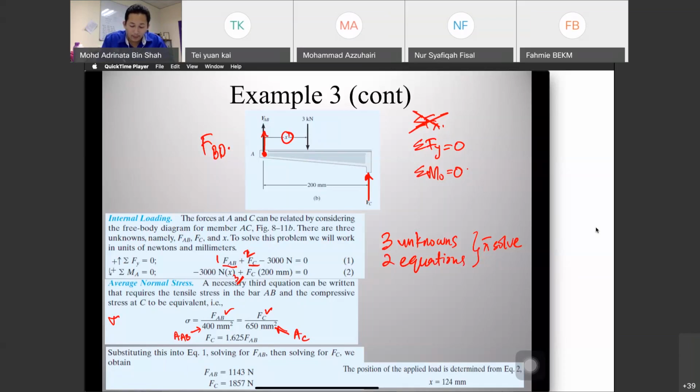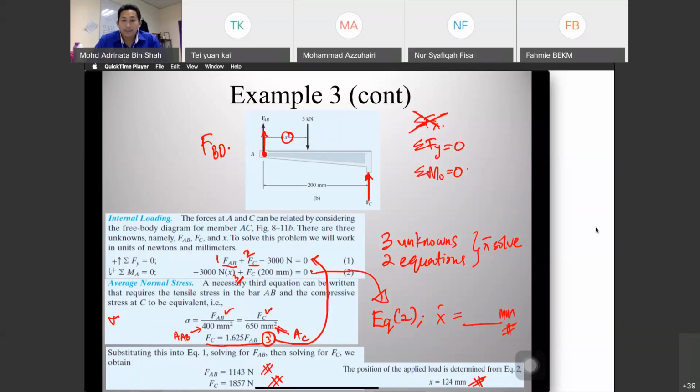So this one, we can have the third equation. Okay. So the third equation can be put in equation number 1, and you can solve your FAB and FC. Okay. So from equation number 2, you have your FC, and you can get your X. So this is the X from here. Okay. So X is equal to 124 millimeter.